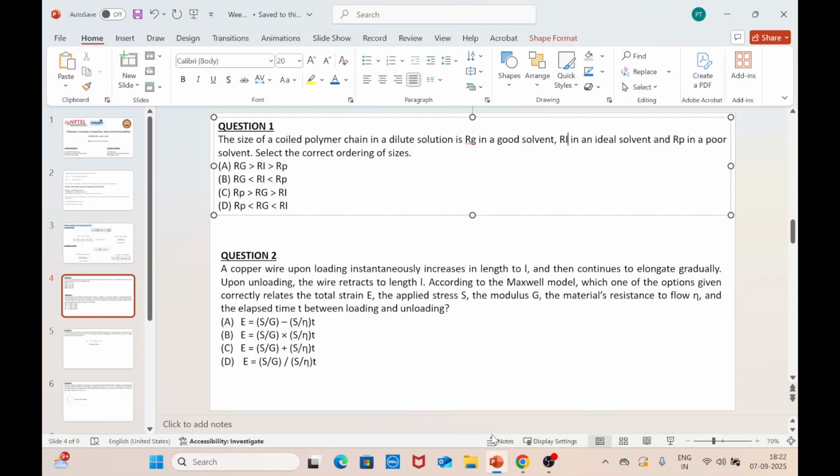So we have discussed in the last session that in ideal solvent, the polymer-solvent interactions will not be present. So whatever the size of the coil polymer chain is, it will remain the same in case of an ideal solvent. Now, based on this, we need to choose what will be the size of the polymer in case of a good and poor solvent.